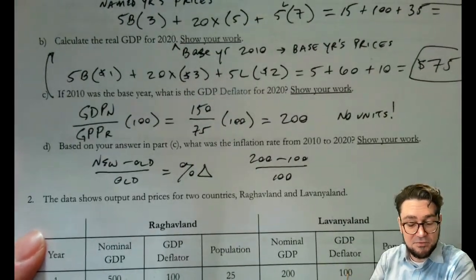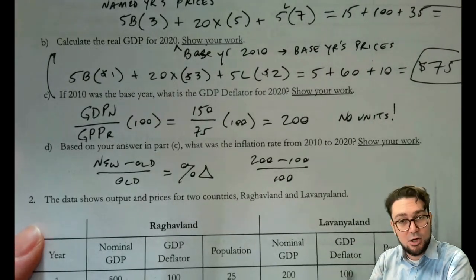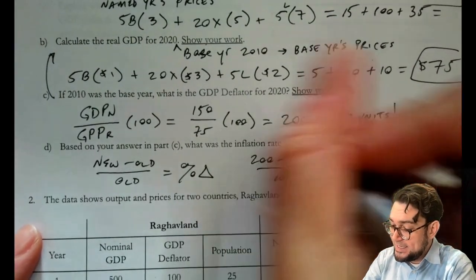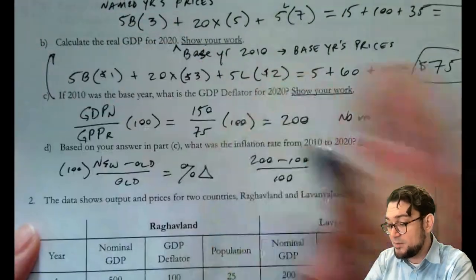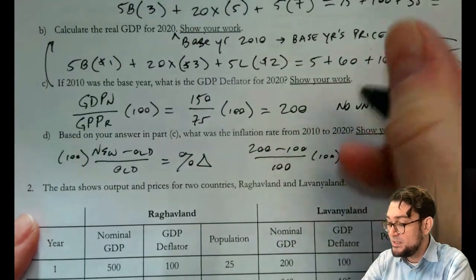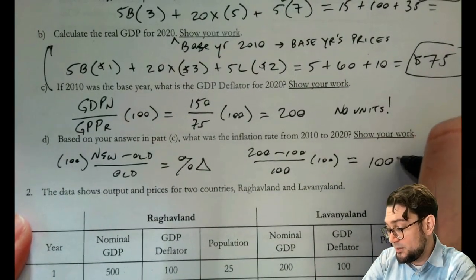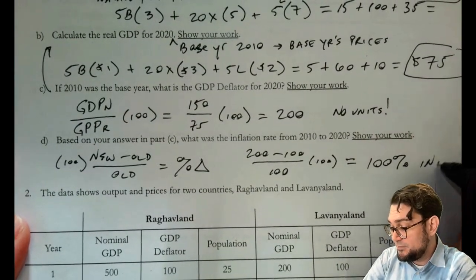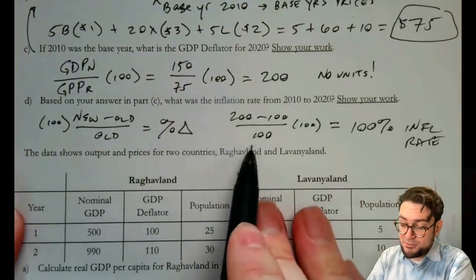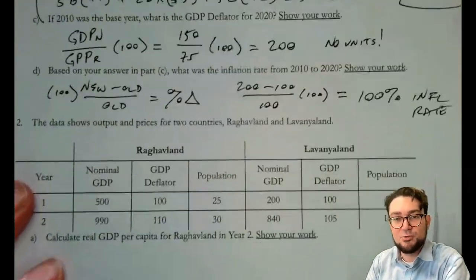The deflator in the base year is always 100. It has to be. And this is times 100 to get a percent change. So we have 200 minus 100 over 100 times 100, which is a 100% inflation rate.